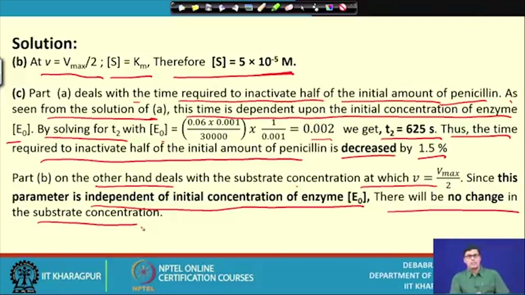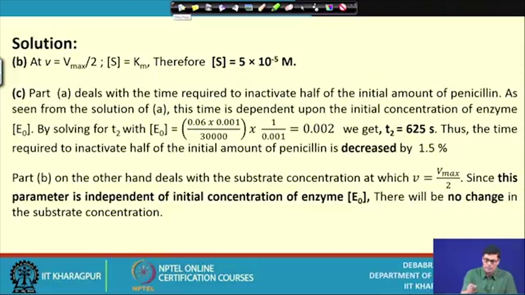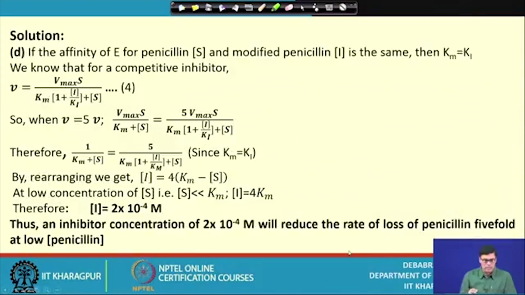So this is the typical problem that we have. And finally we can find the inhibitor concentration. I am not going into details. From this equation, as we have done before, it is similarly solved. I hope you can understand that this is 5 times this velocity.